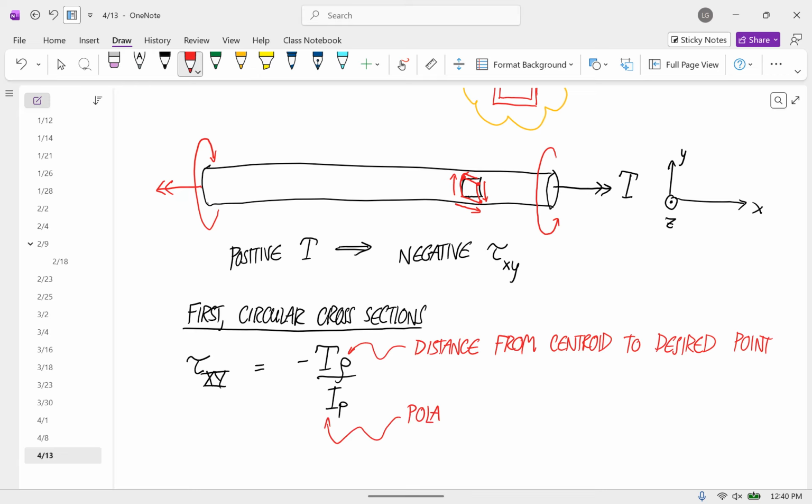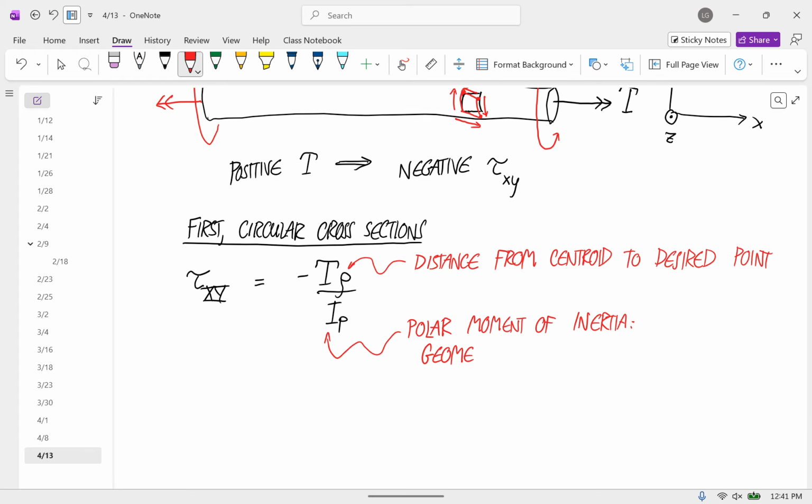So let's call it a geometric resistance to twisting. Just like the area moment of inertia is a geometric resistance to bending, this is the same kind of idea, but it resists this shape twisting.